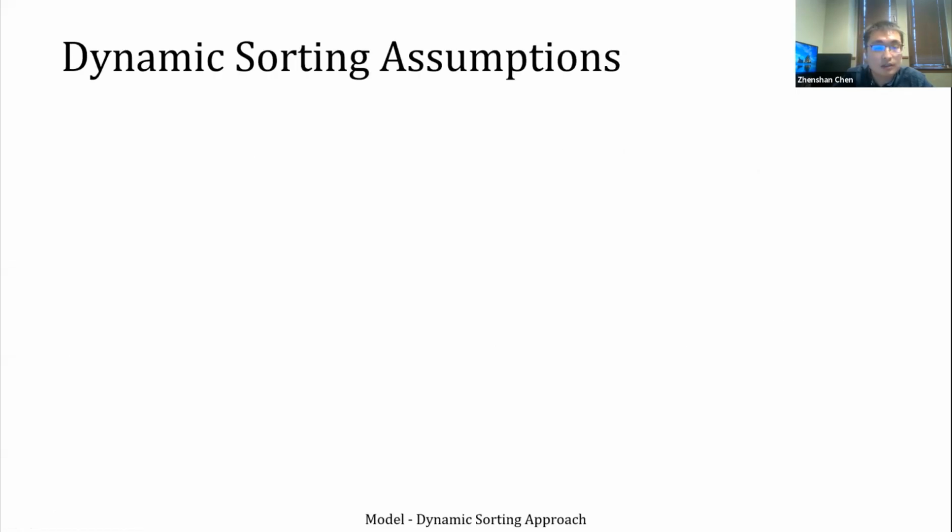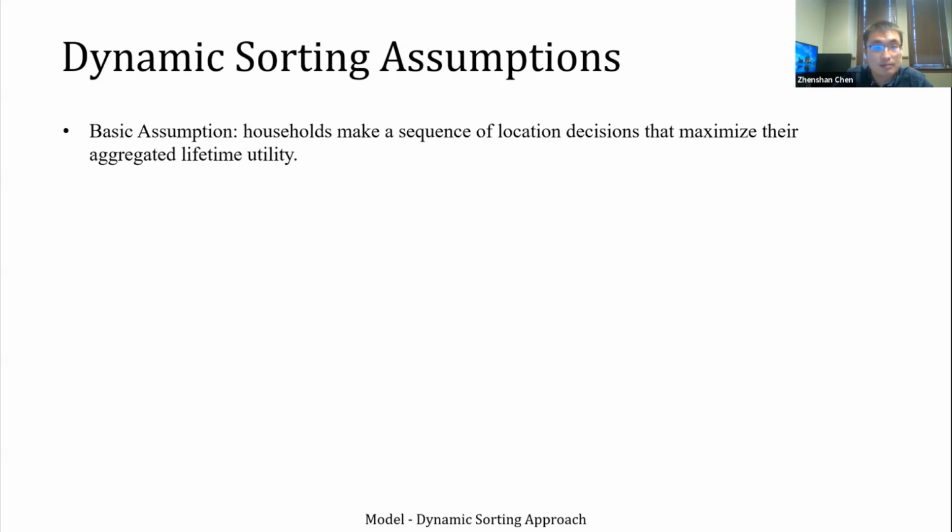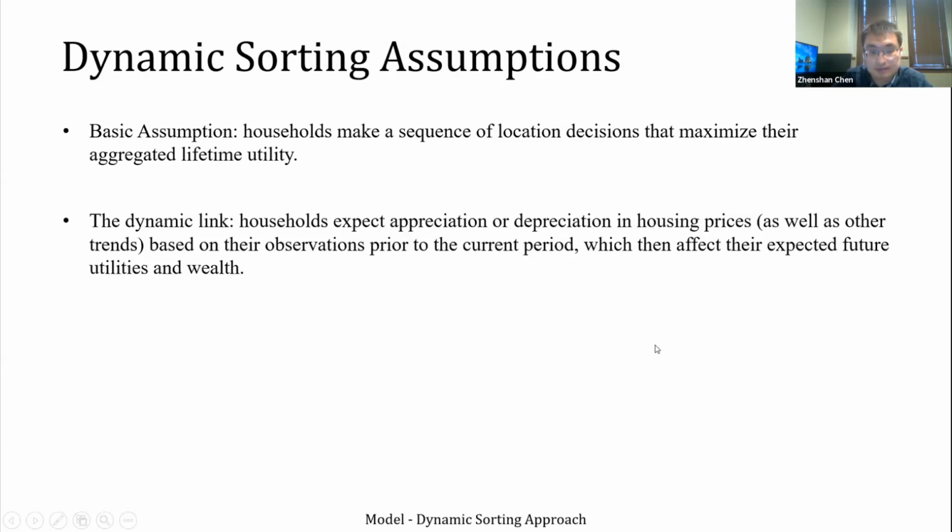So before we get into the model, we need to talk about some basic assumptions. The very basic assumption of this dynamic sorting framework is that households are making a sequence of locational decisions that maximize their aggregated life utility. The dynamic link is established in the sense that households expect different appreciation or depreciation trends in housing prices, and based on that and other things they make their locational decisions to maximize their lifetime utility.